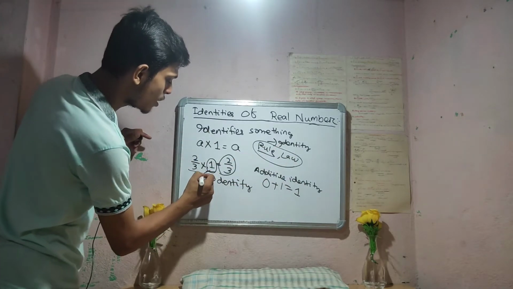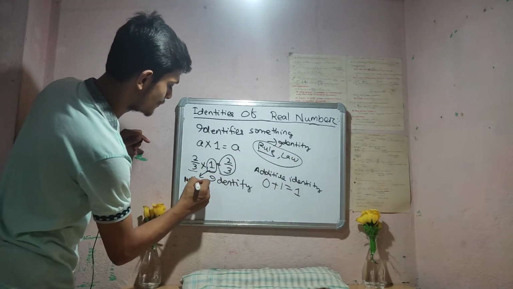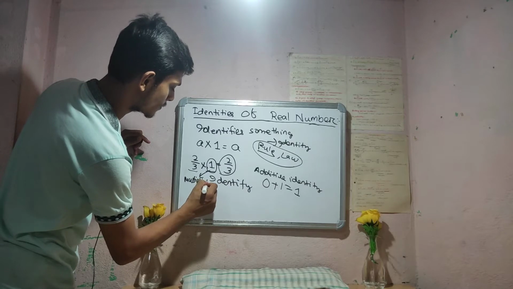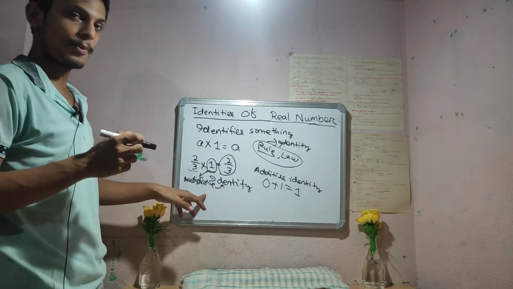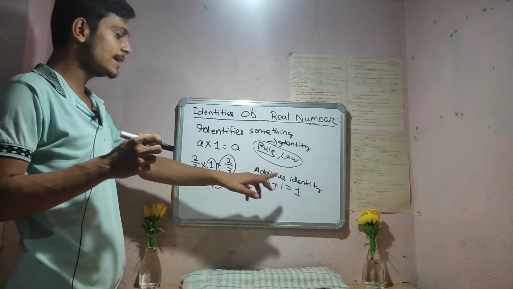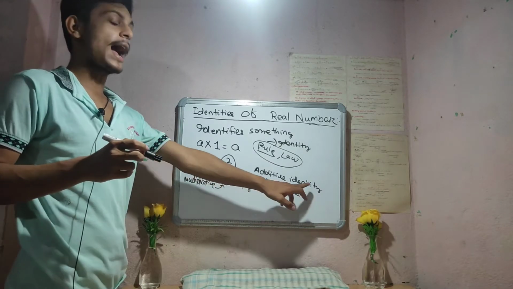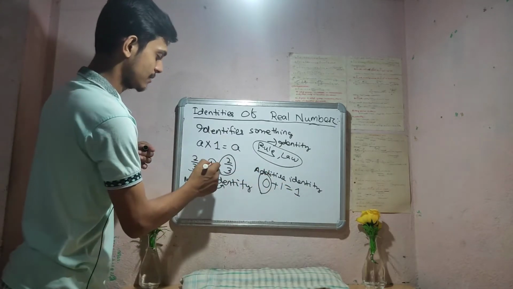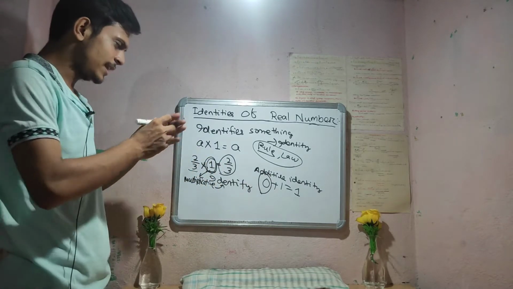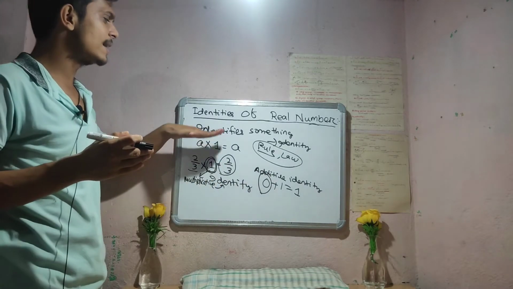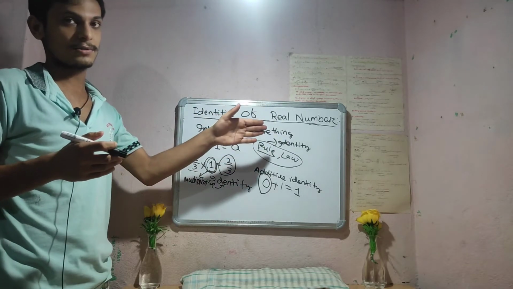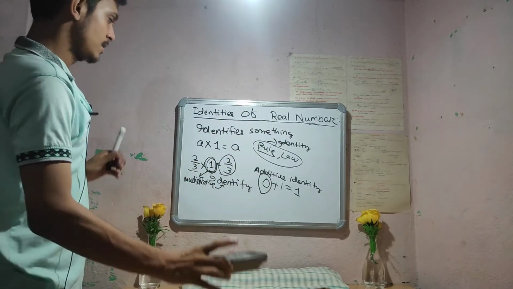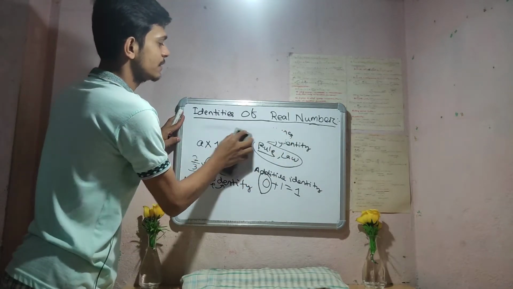And 1 is the multiplicative identity. Clear my point? So 1 is the multiplicative identity and 0 is the additive identity. In this way, we have defined the identities of real numbers.